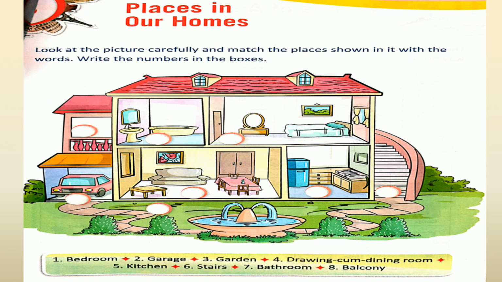Look at the picture carefully and match the place shown in it with the words. Write the number in the box. Here we can see brackets, and the first number is bedroom. Here we can see a photograph of a room.